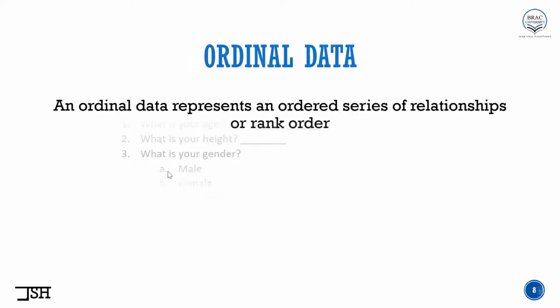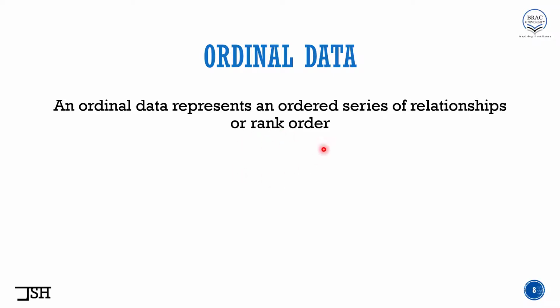Let's move on to the next type of data, ordinal data. Ordinal data represents an ordered series of relationships or rank order. I know the definition is a little bit complicated, but do not worry, it's very simple. I'm explaining it very soon with relevant examples. The key word to note here is order or rank.